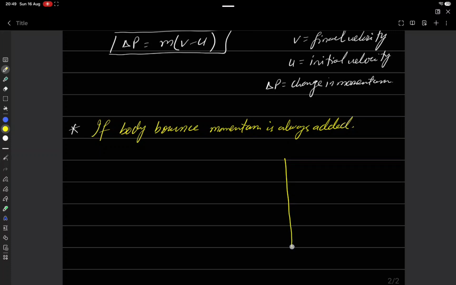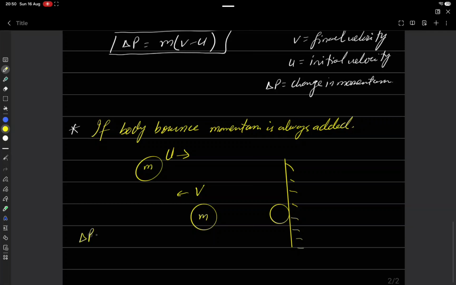So we have this wall, a ball of mass m, initial velocity u, hits the wall and bounces back with velocity v.